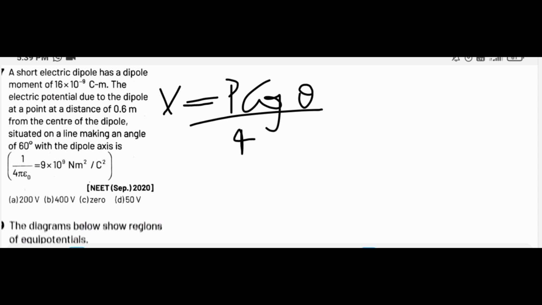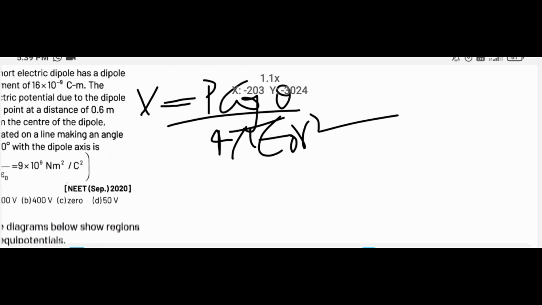Potential and dipole moment are related by V is equal to P cos theta divided by 4 pi epsilon naught into r square. See, it is nothing but 1 by 4 pi epsilon naught, that is K, p cos theta by r square. Substitute all these values.